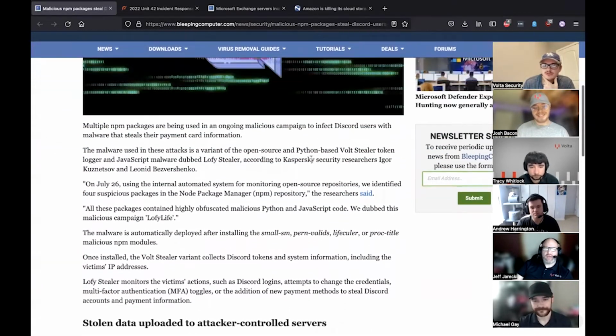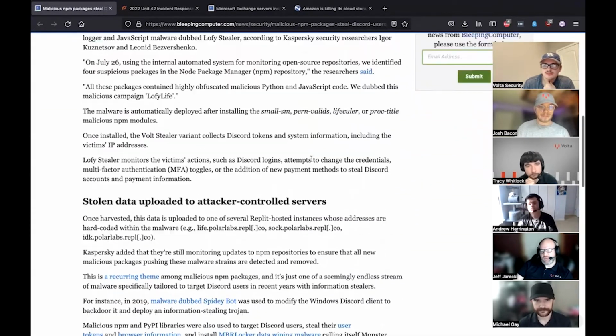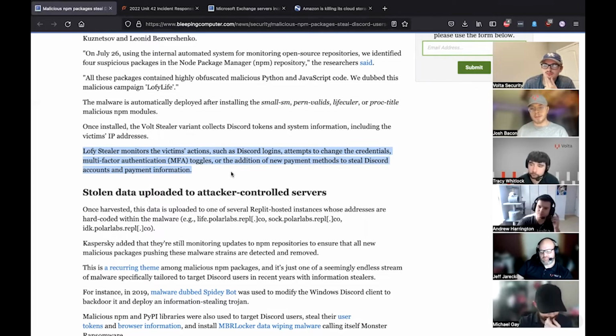But what are they doing? Because I haven't even gotten a chance to fully read all this. They are doing some data exfil of PCI info, or what are they getting from here? So it's a little interesting because Discord is one of those things that's being used as kind of a new vector. It's something that pretty much everyone has, and compromising servers, compromising credentials is kind of a new field in its own.